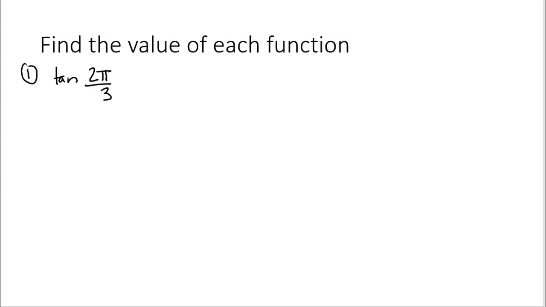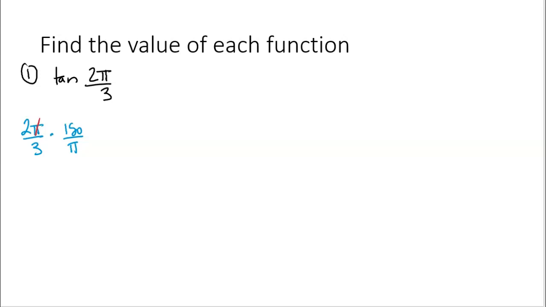Now, we are going to run into a problem because we don't know what quadrant 2 pi over 3 is in. So what I want to first do is figure out what 2 pi over 3 is in degrees. So I'm going to multiply 2 pi over 3 by 180 over pi. And what are we going to notice?